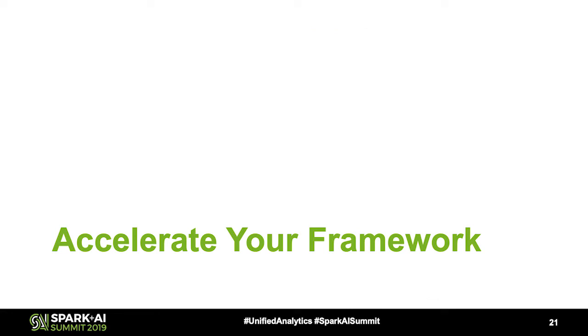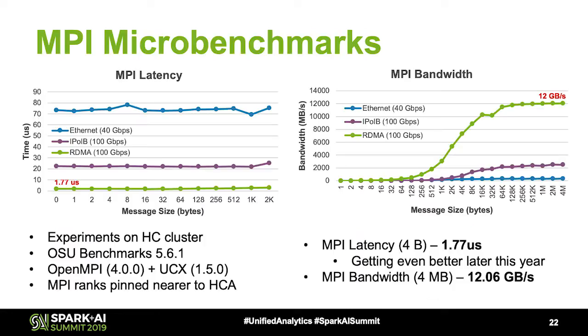And now let's take a deeper look at what the performance expectations are. So let me start with the MPI benchmarks and why I picked MPI, because it's a good platform to compare the different network technologies. So MPI is at the same level, and then it's implemented on different interconnects or different transports.